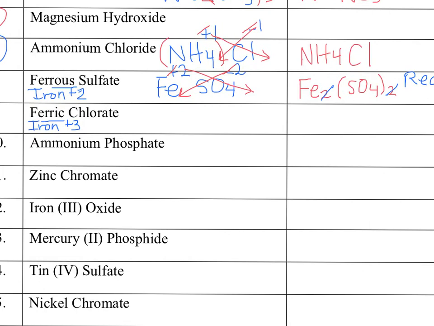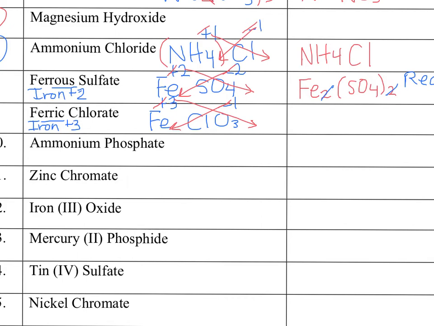So ferric, I told you, is iron 3. So I write Fe, still iron, and the charge is a +3. Chlorate, if you look on your ion sheet, that is ClO3, and it is a -1. So let's drop the signs, and then crisscross applesauce.